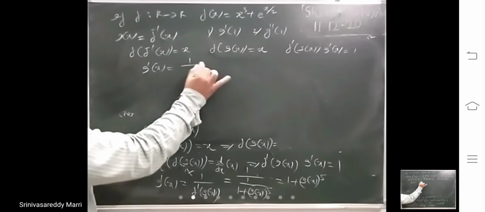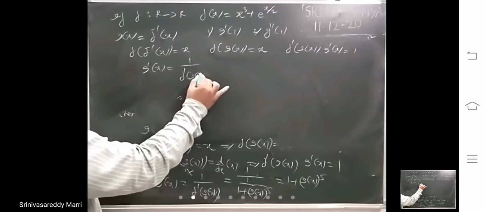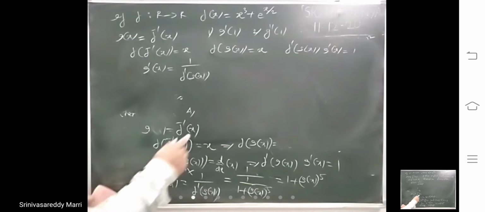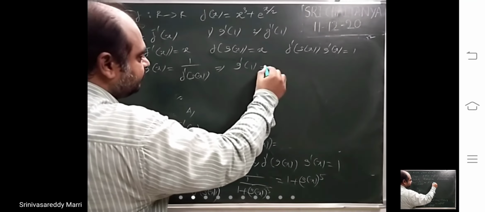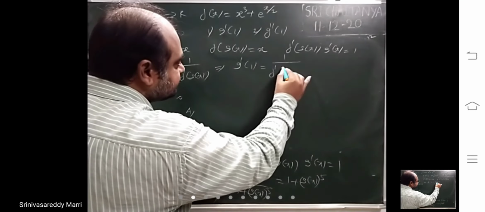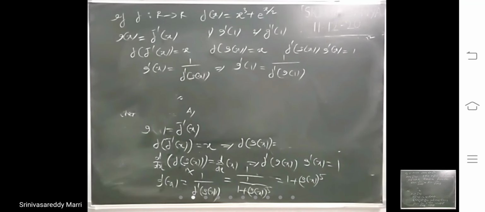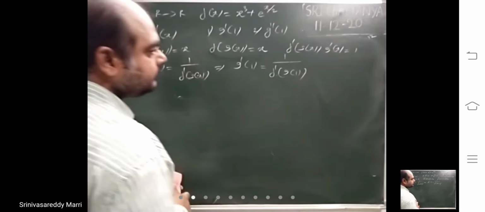So g dash x equals 1 by f dash g of x. What you want is g dash 1. Substitute 1, so g dash 1 equals 1 by f dash g of 1. You want g of 1. I will tell you how to calculate g of 1.